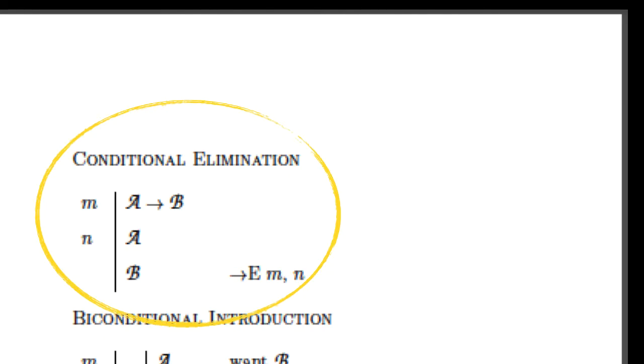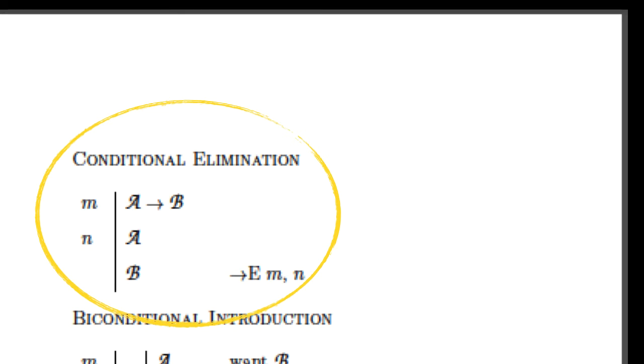This is what the schematic version of the rule looks like on the reference sheet. It has M and N instead of specific numbers because they might be any lines of the proof. They might have occurred in separate places much earlier. And it has a script A and a script B because they might be long compound subsentences.